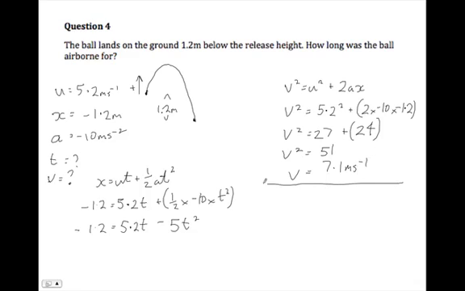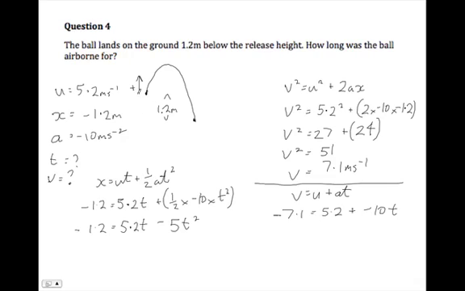Now, I can use that to find t. So I don't have to use this formula where I end up with 2 t's. I can just do v equals u plus at. v, 7.1, equals 5.2 plus minus 10t. So that should be minus 7.1 because that's travelling in a downwards direction.